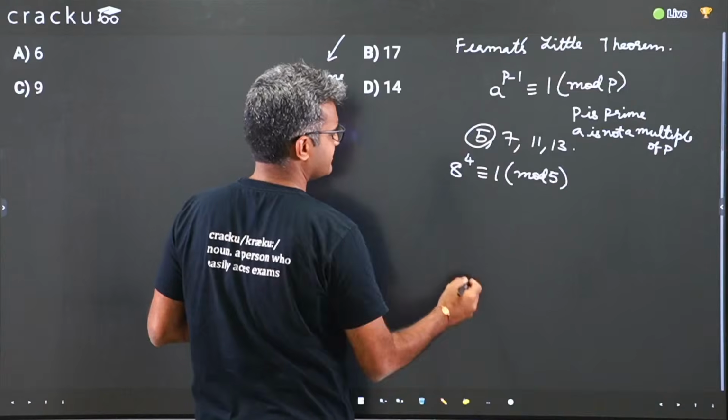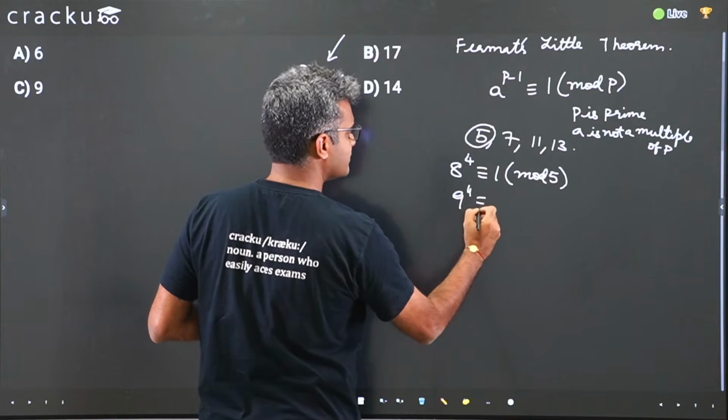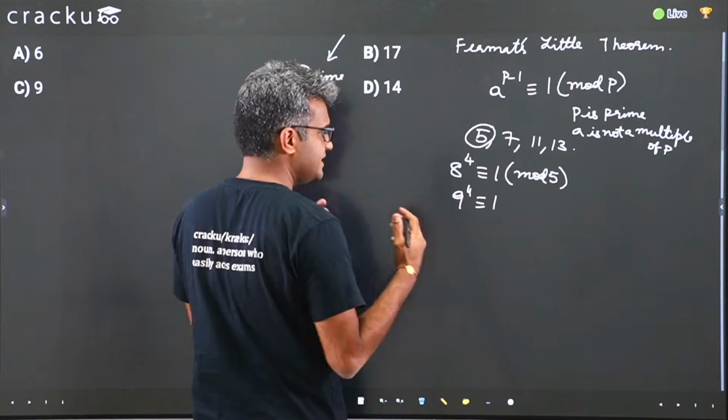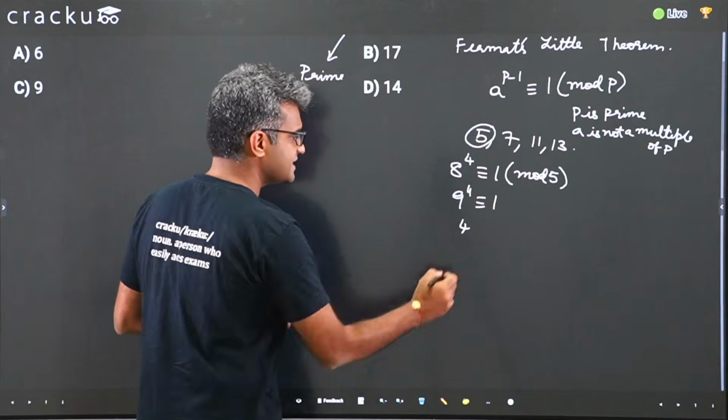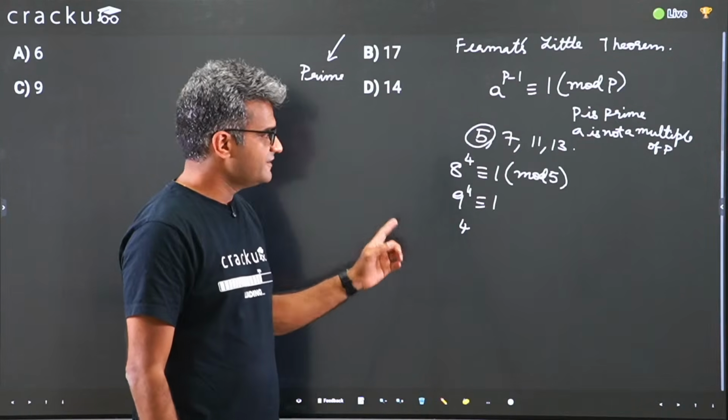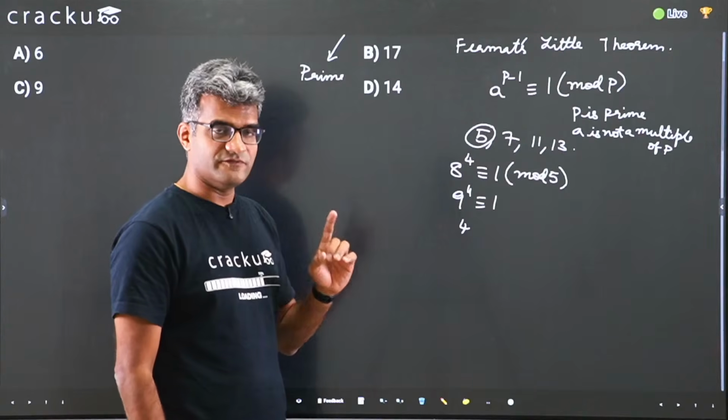Similarly, 9 to the power 4 also will leave a remainder of 1 when divided by 5. Any number to the power 4, as long as it is not a multiple of 5, will leave a remainder of 1 when divided by 5.